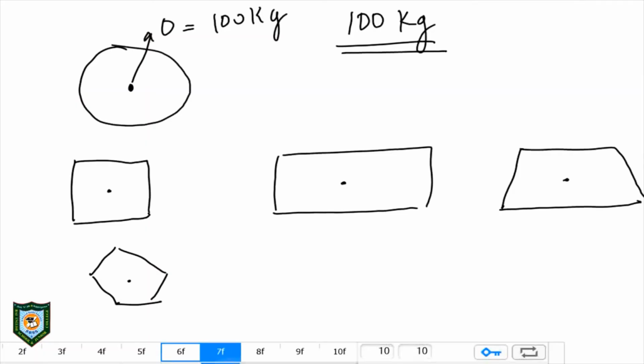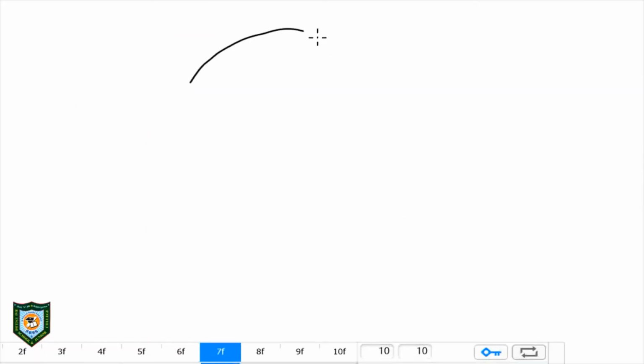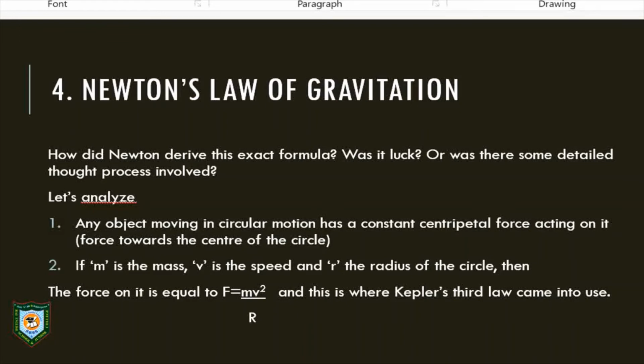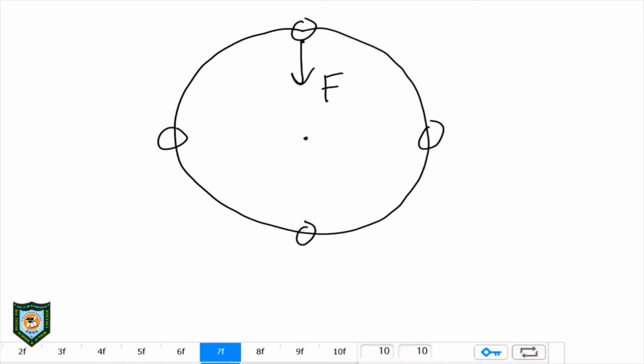So here we have a diagram. I have an object here, it is moving in circles, and as we know, if this is my center, there is a force acting towards the center. Now if m is the mass, v is the speed, and r is the radius, then the centripetal force which is acting on the object is equal to mass times velocity squared divided by the radius of the circle in which it is rotating.